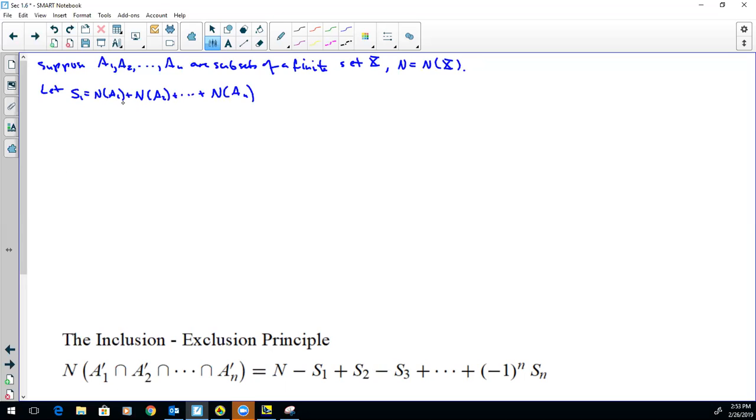So it's the number of things that are in A1. Now these might be in some other set, but we're just looking at A1, counting up everything in A1. Go to A2, count up everything in A2. Some of these might be in other sets, but that's not what I'm asking right now. And go to AN, count up everything in those. Okay. Now here's where it gets a little bit hard to write down.